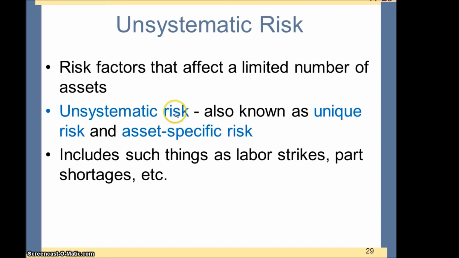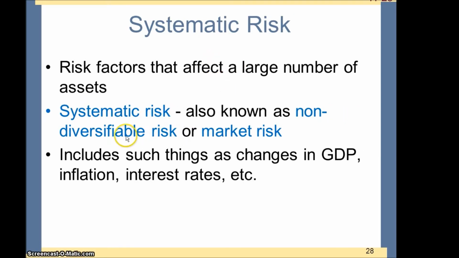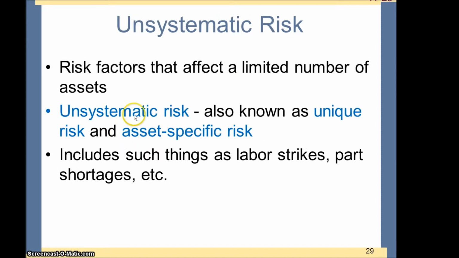Now, is systematic risk diversifiable or undiversifiable? Is unsystematic risk diversifiable or undiversifiable? Systematic risk is undiversifiable. Unsystematic risk is diversifiable. How do you diversify it? By investing in different types of stocks.